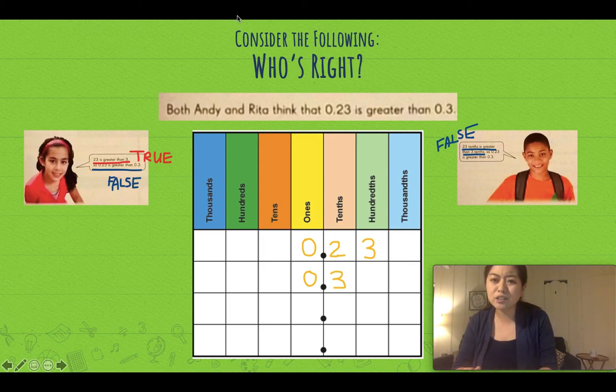Let's see, 23 tenths. Okay, so if I want to draw in my place value chart, let me see, I'm going to just draw one here on paper. So we have my tenths and then my hundredths.